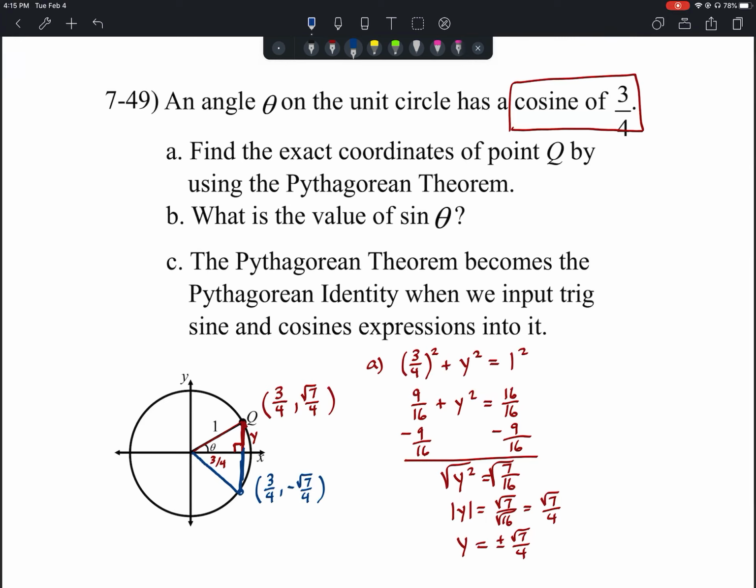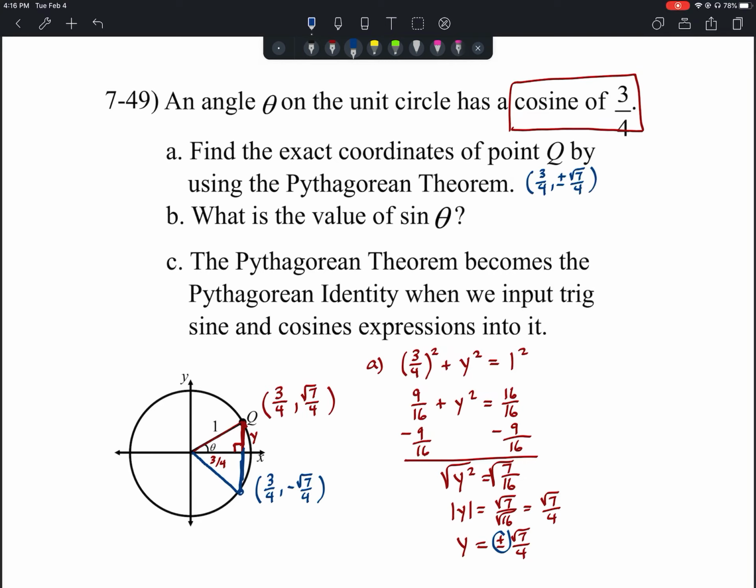So just something that we have to start thinking about here. We can't just say the square root of something squared is just a positive right now. We actually have to look at the positive or negative versions. Okay, so we found our coordinate there. We said that it could be the point 3/4, comma, positive or negative radical 7 over 4.